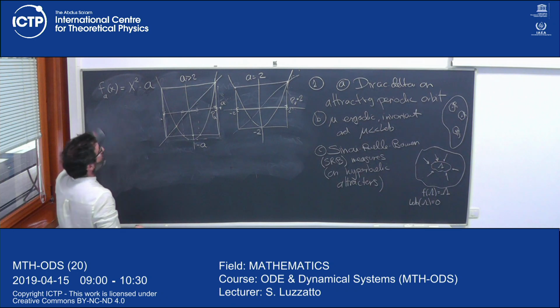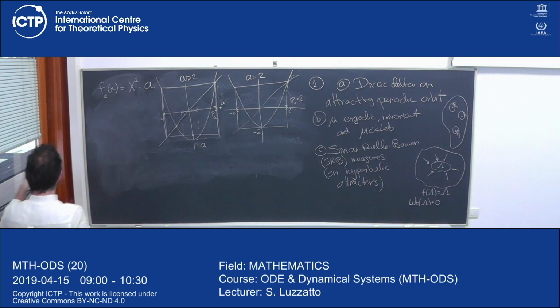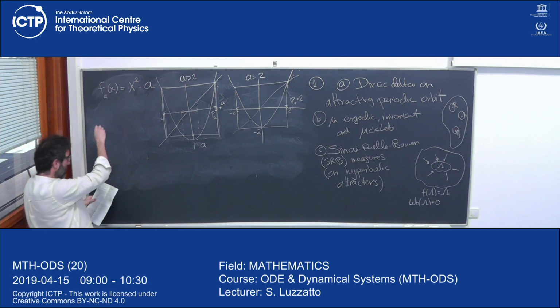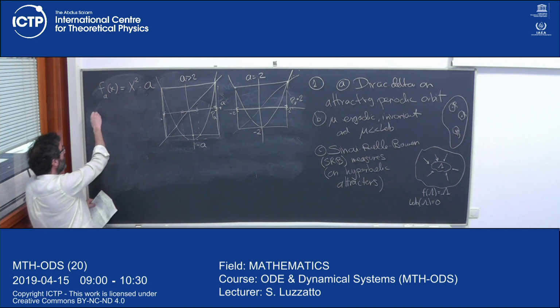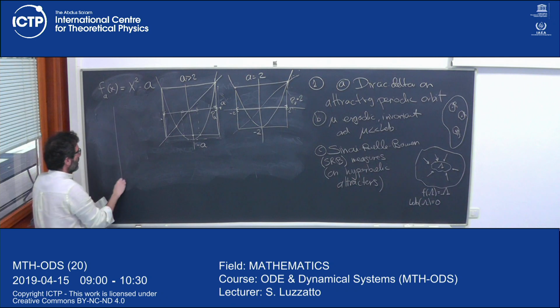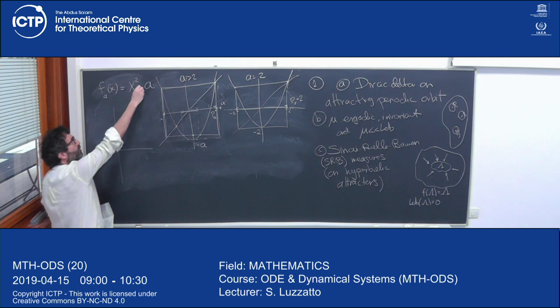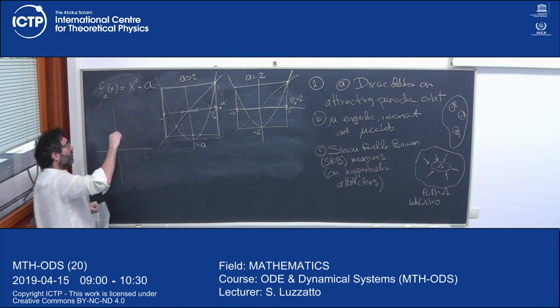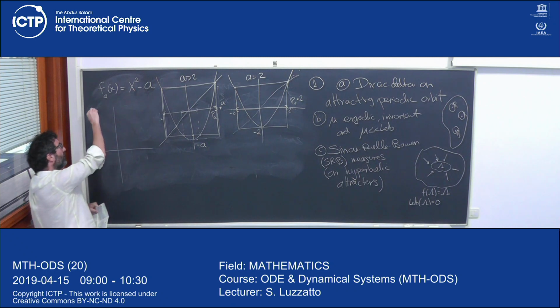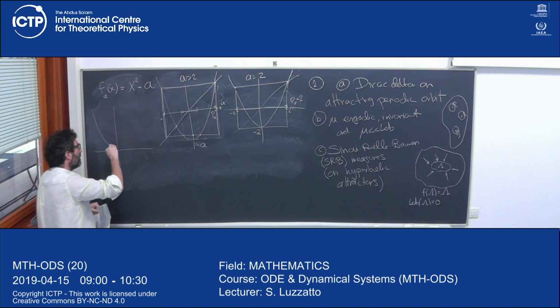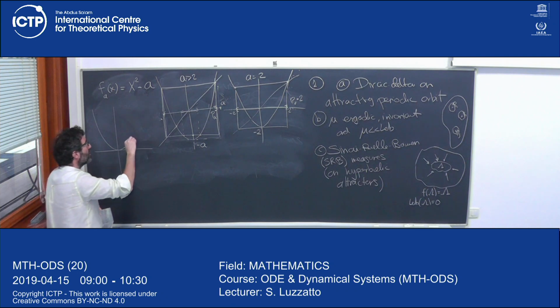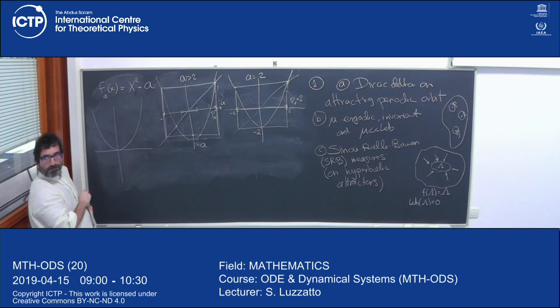What about now for A less than 2? Like for A equals 0, for example. Let me draw, I'm going backwards here. For A equals 0, we get just a standard parabola.